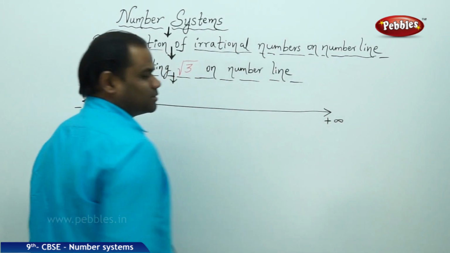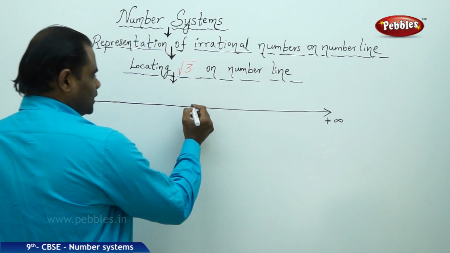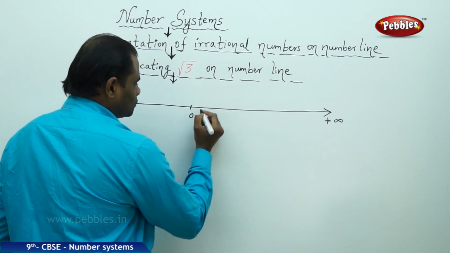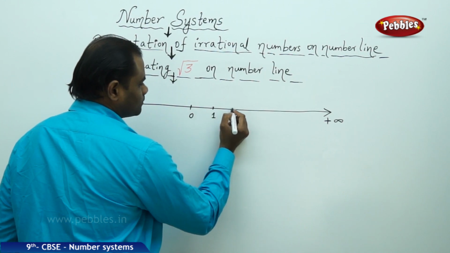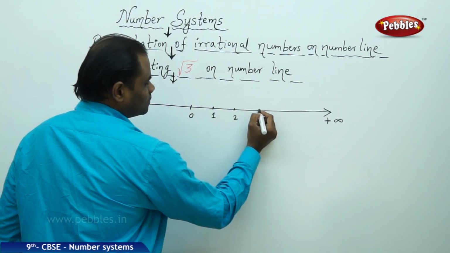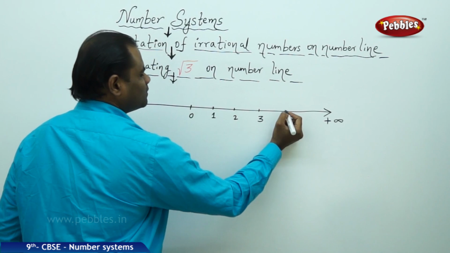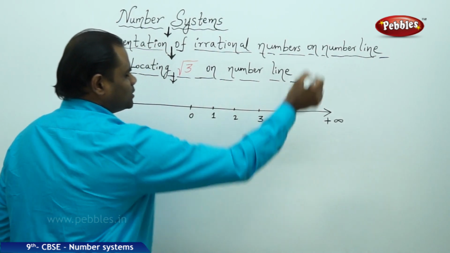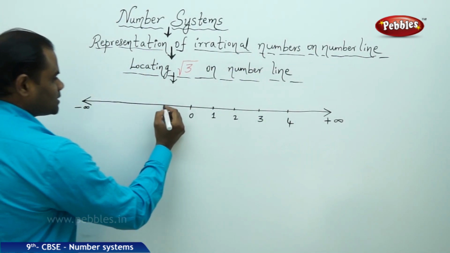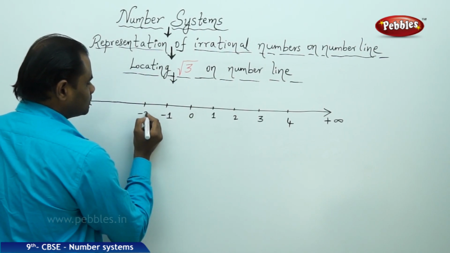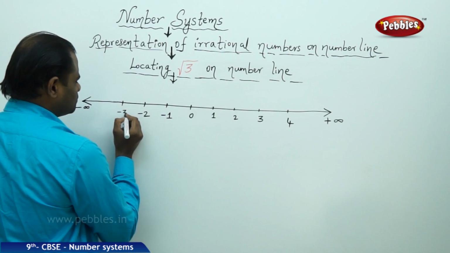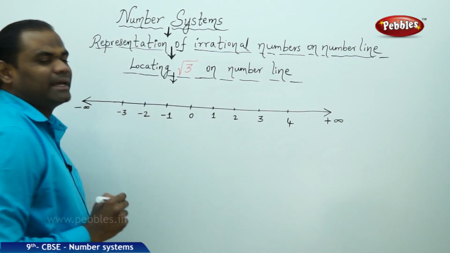Here we have the neutral 0, through which on the right hand side they extend up to 1, 2, 3, 4 and so on, and the left hand side has minus 1, minus 2, minus 3, etc.